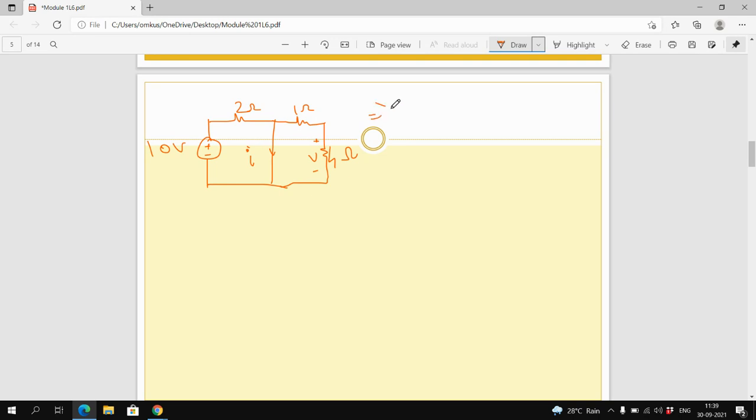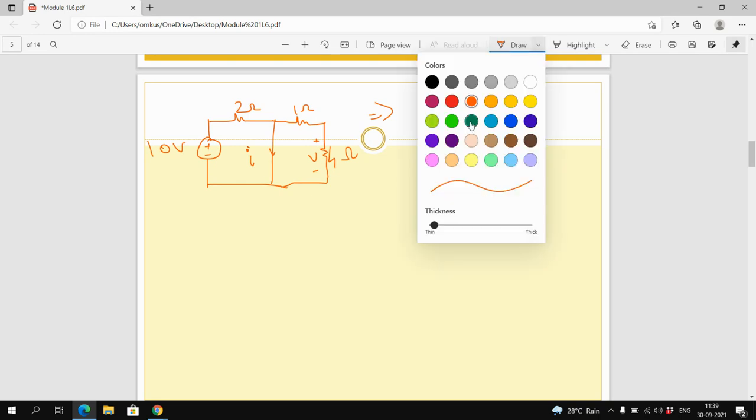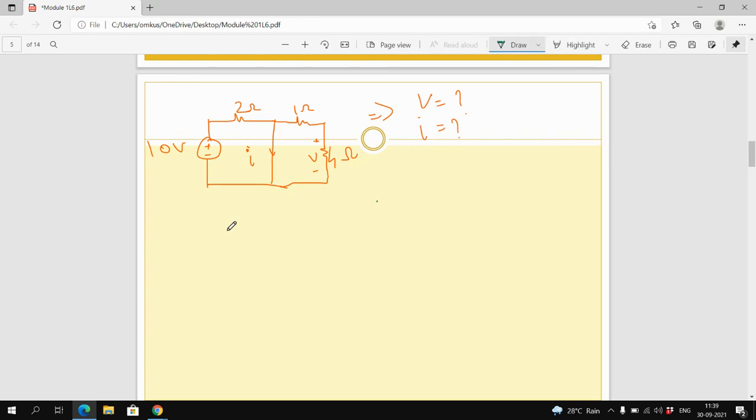Find the answer. What is the value of voltage and what is the value of current? Yes, answer. Now see, okay. See, this is a current.